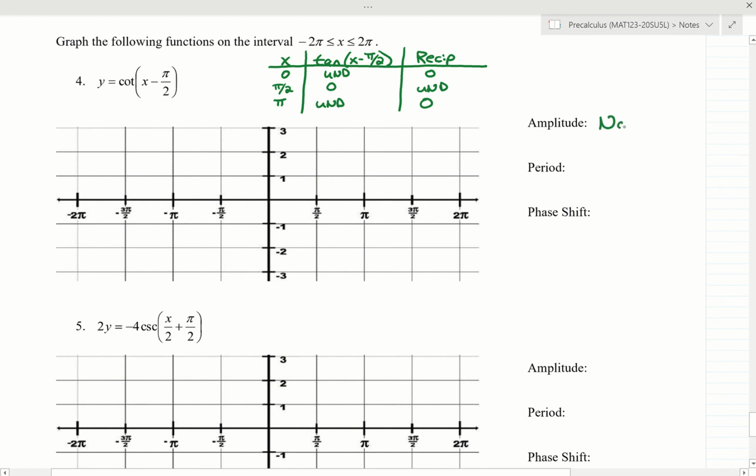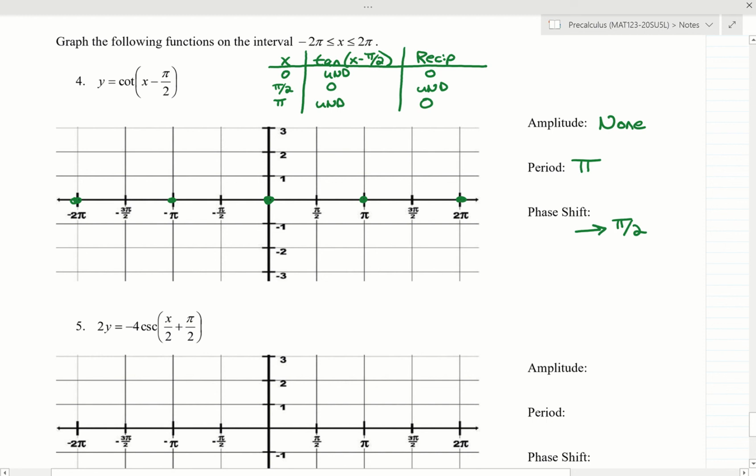Remember that cotangent has no amplitude. The period of cotangent is 180 degrees, or pi radians, and we're going to the right, pi over 2 radians. So let's go ahead and graph it. At 0, the reciprocal would be 0, and if the period is pi, pi later and before would look like that.